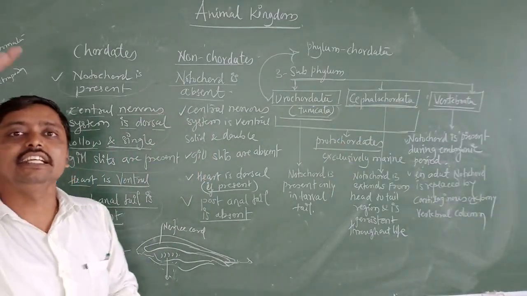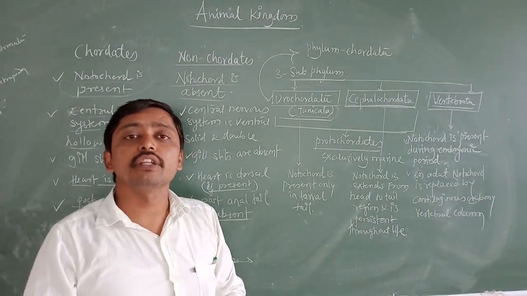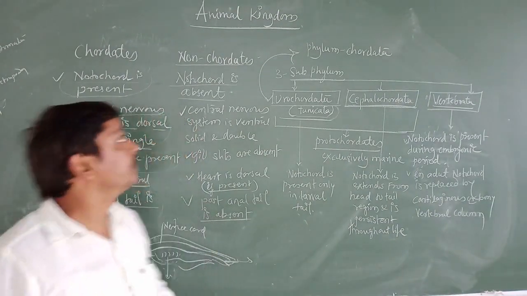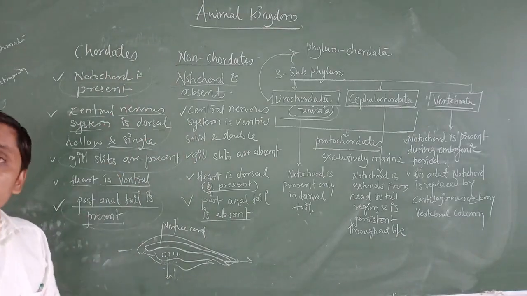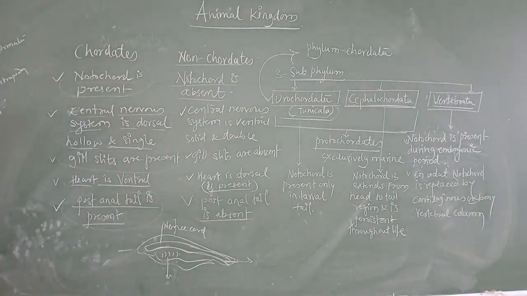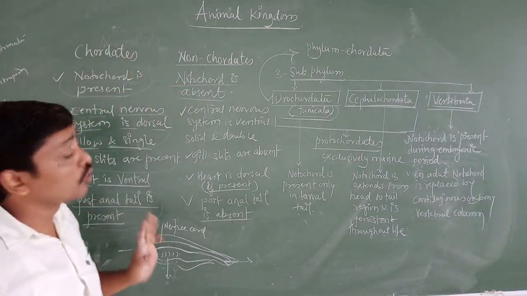What is that reason? You all know the difference between chordates and non-chordates. The first difference you studied is that in chordates, notochord is present, and in non-chordates, notochord is absent.